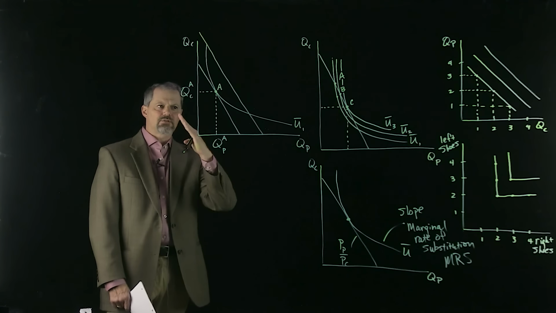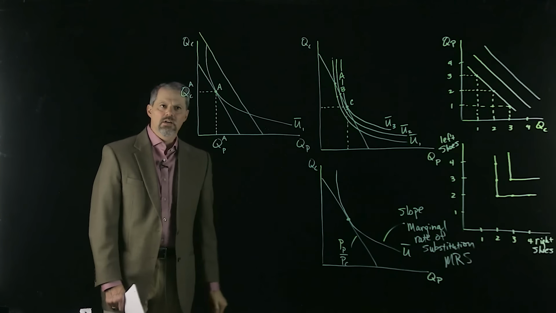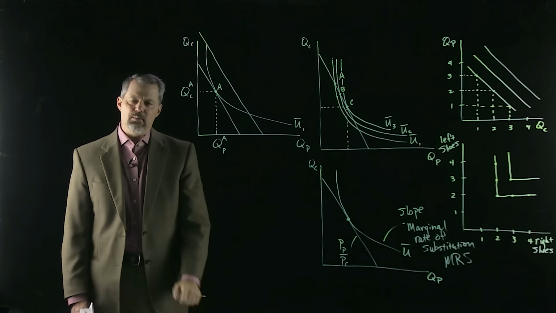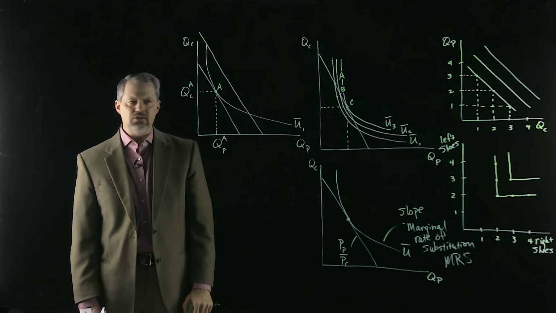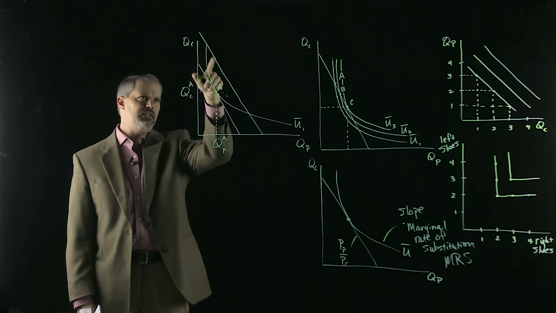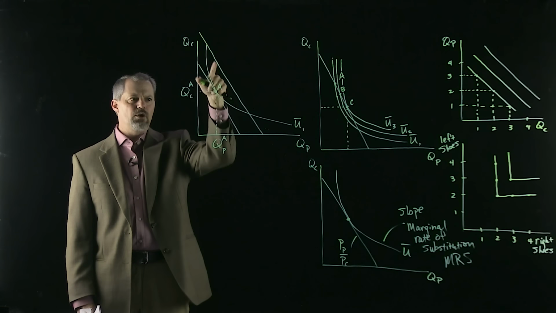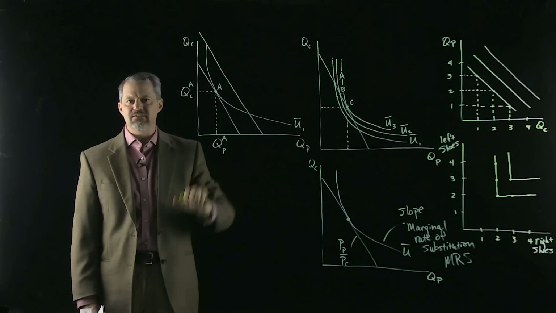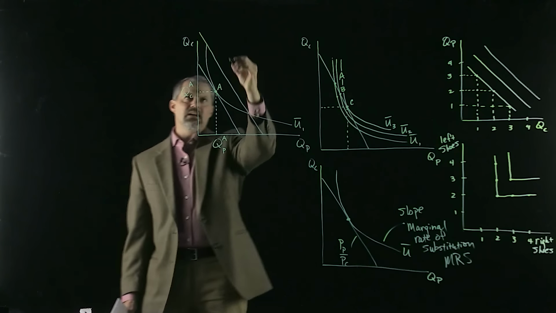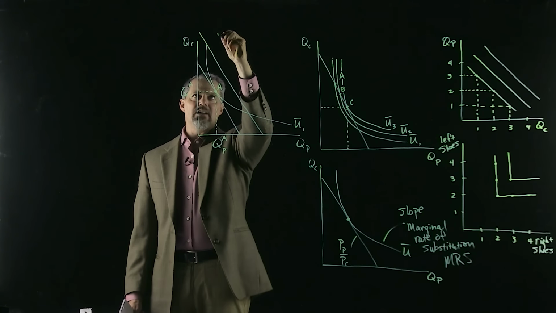So we have an increase in income. Our budget constraint moves out. Now, bundle A is no longer going to be the bundle that they're going to want to consume. And we know that because there are a whole bunch of bundles right in here that are now affordable that would be on higher indifference curves. So let's suppose the consumer now has more money to spend.